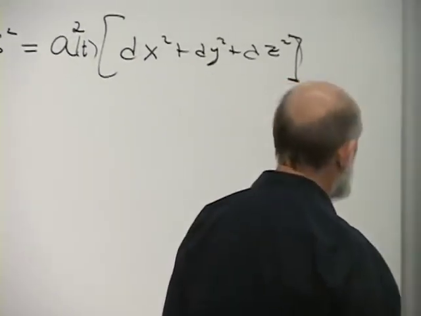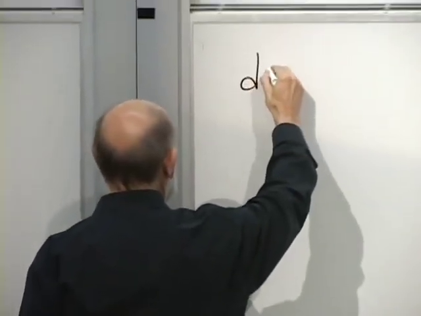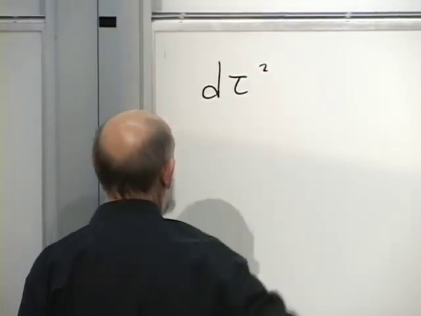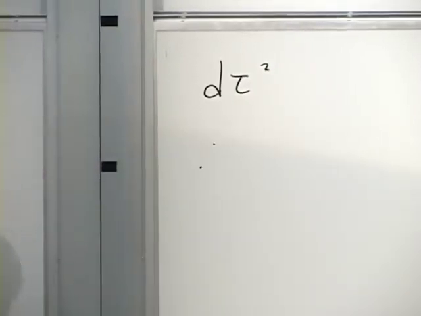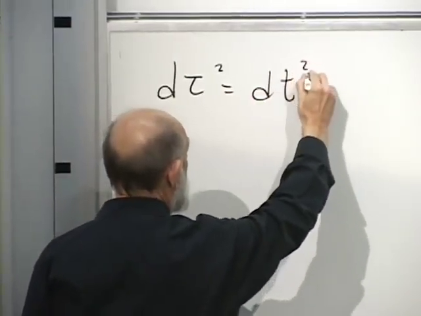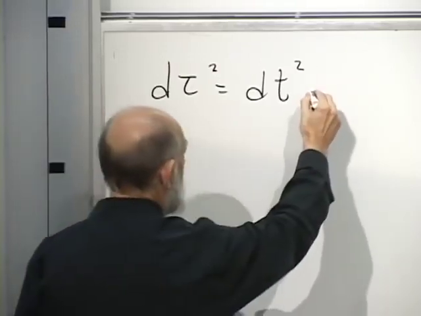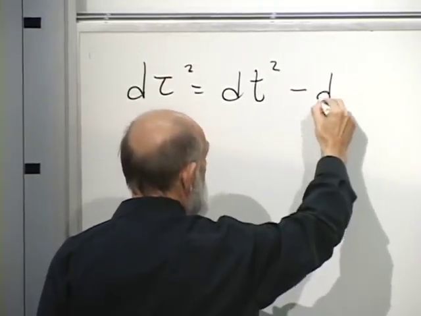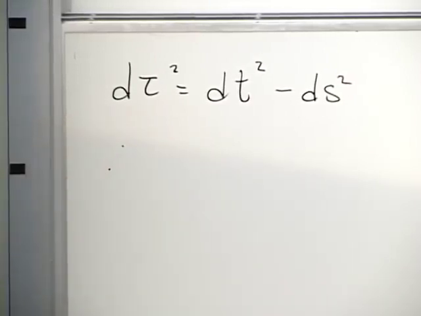What about proper time? Let's go back over here to the special theory of relativity. In ordinary special relativity, the proper time between two neighboring points of space-time is given by dt squared minus the spatial distance squared, we might as well just call it ds squared, minus the space distance squared.